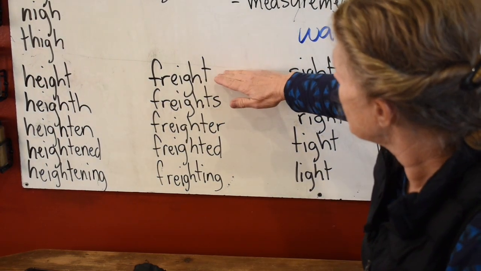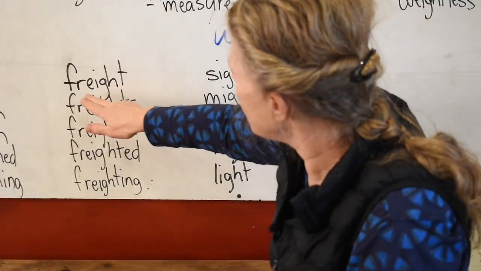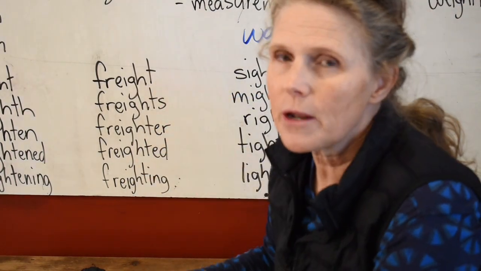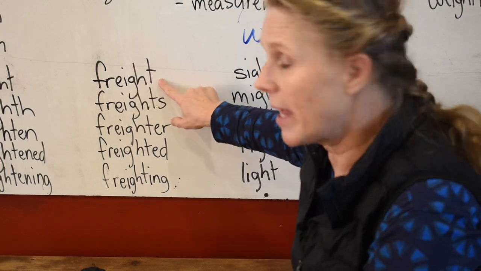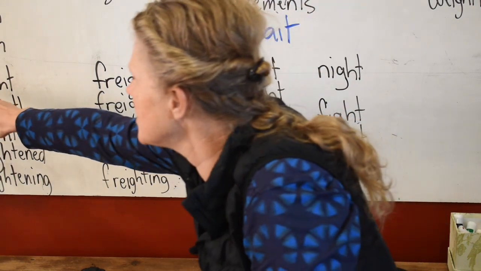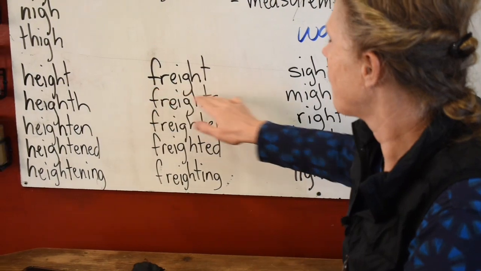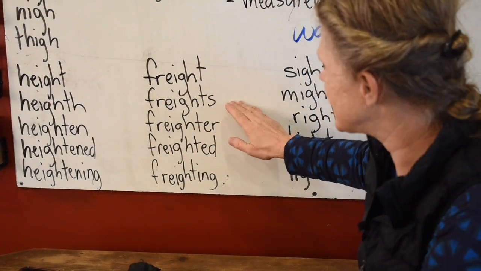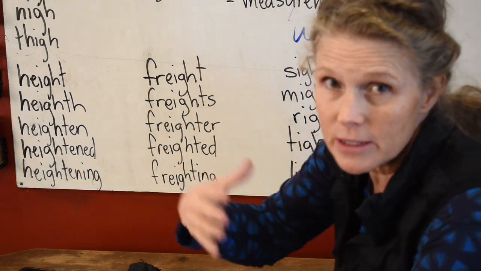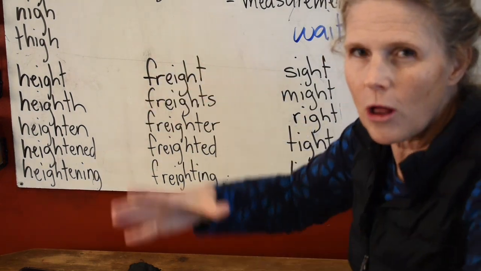Now look, we have freight. So see, the EIGH can say A, but with a T. You're going to see a lot of words with the EIGH ending with the T. Freight. See how this one says height, and this one says A. Freights. Freighter, someone who is doing the freight. So freight is bringing in all of the goods.